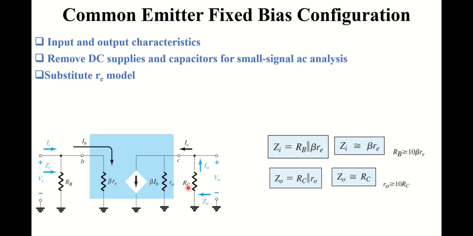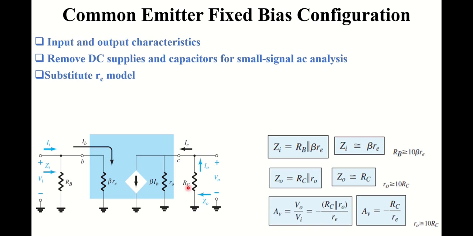After performing simple mathematical steps, you will find that the voltage gain for the configuration is AV is equal to minus RC in parallel to R0 over RE.